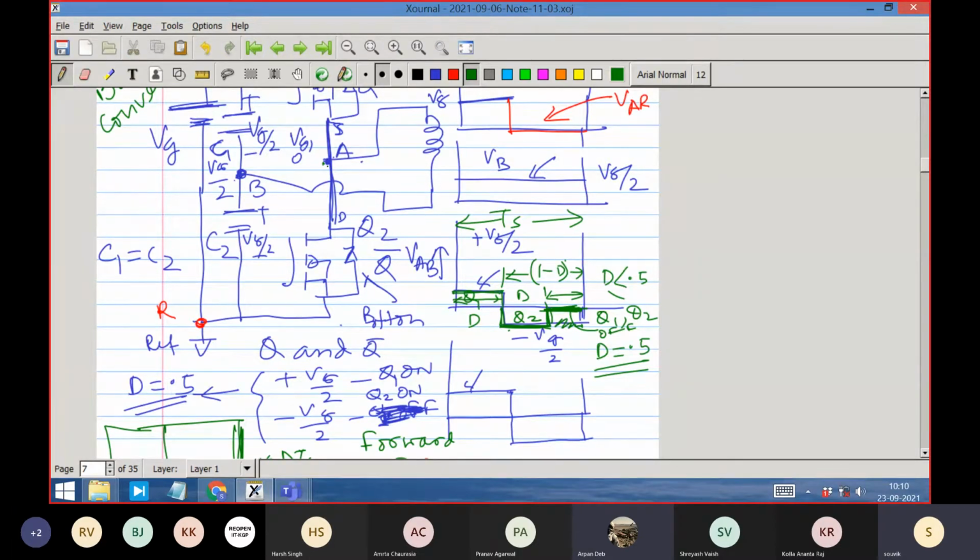So we would like to not rely on this floatingness of the node, and I will show you how we make this node also go to 0. That is what I will show you when we bring in the secondary side of the transformer, and I will show you that the secondary side of the transformer voltage will be 0, and that will make the node equal to 0.